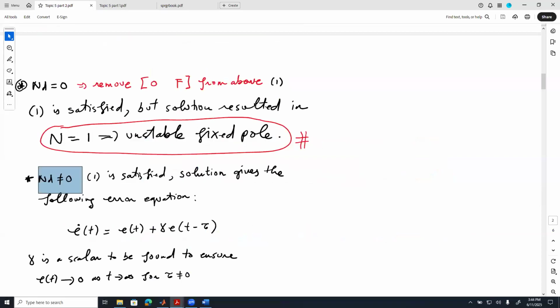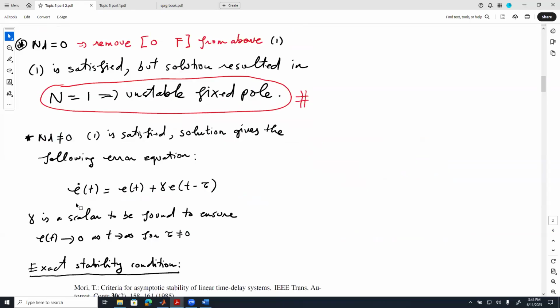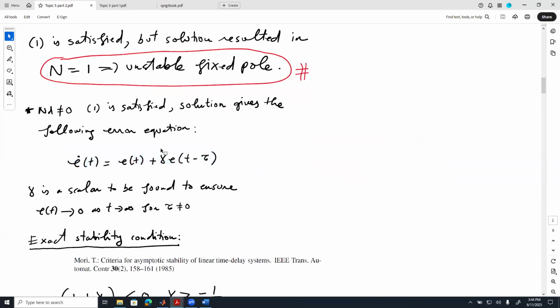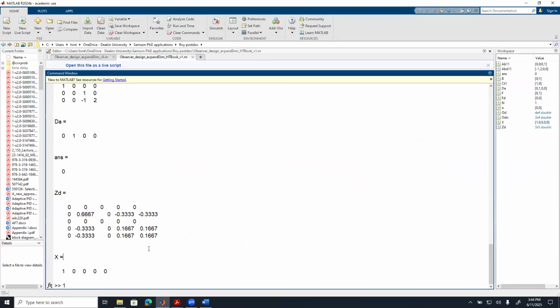an error equation, an error dynamic equation, which is a time delay system. If we want to ensure that there exists an observer that gives us an error that goes to zero, then we need to find a scalar gamma in here. This scalar gamma happens to be that whole column there.